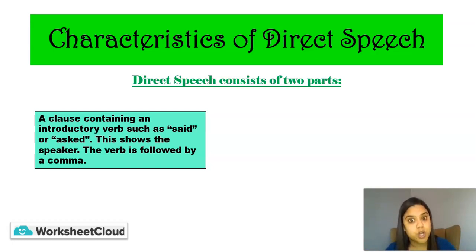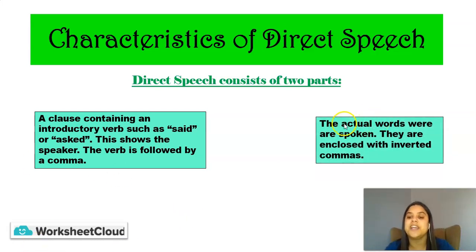And usually it will start with said or asked, okay? Sometimes it will be exclaimed or shouted, but it will always be introduced by a verb. This shows the speaker. The verb is followed by a comma. So after the word asked or said, there would be a comma afterward, and it's now going to indicate that the person's about to speak.